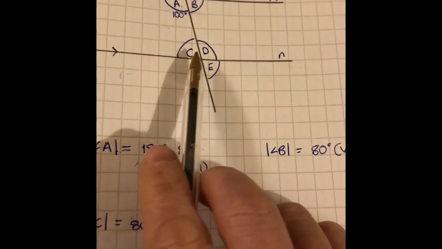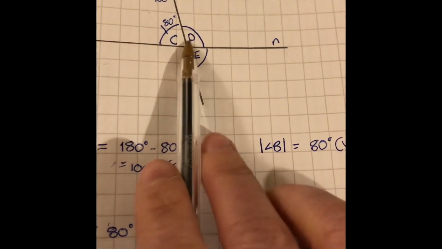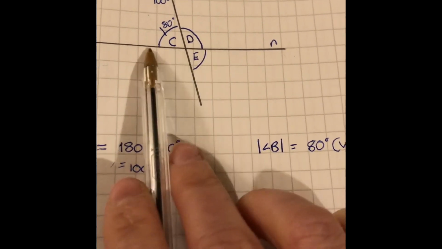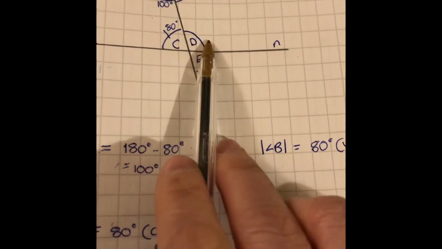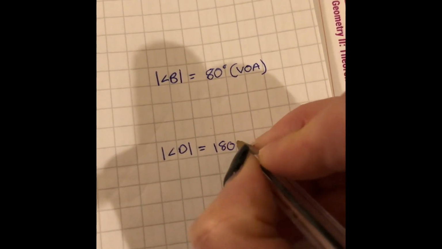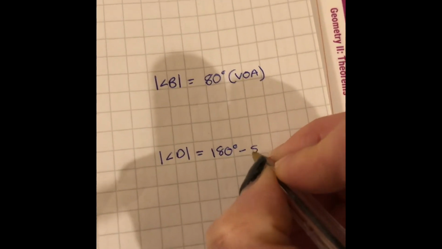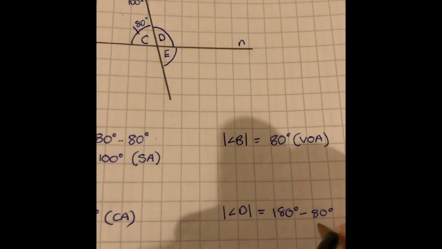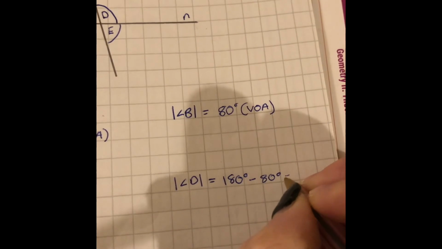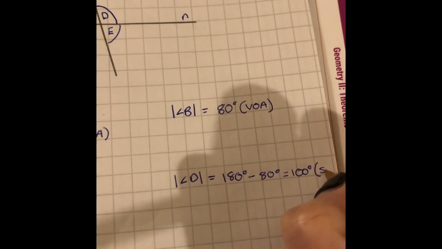And then we have D, so I might just mark that on as well, 80 degrees there, because that helps me to know that D, together with C, creates the straight angle. So we know that straight lines make a total of 180. So if we take off the C measurement of 80 degrees that we don't want, then that's going to give us 100 degrees for D. So I used straight angle.